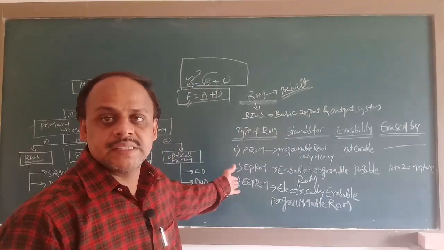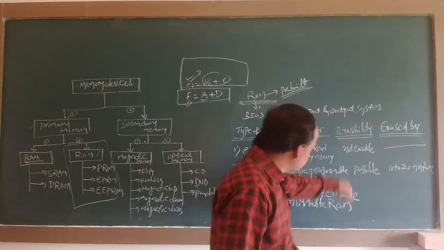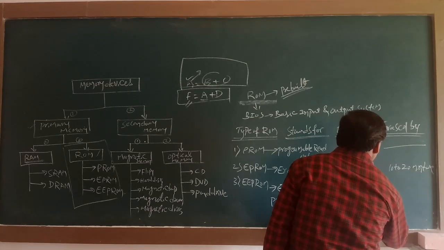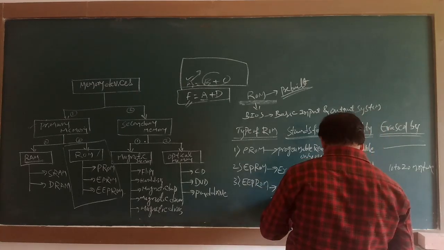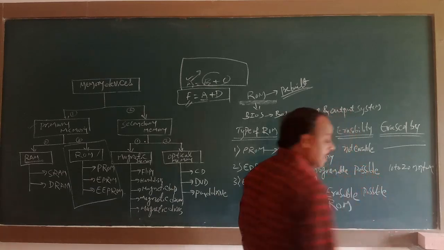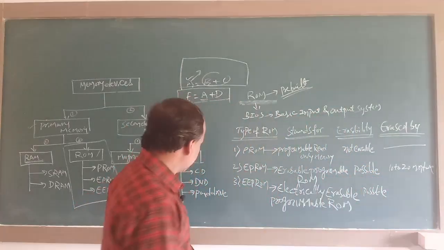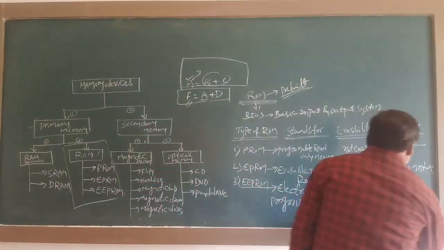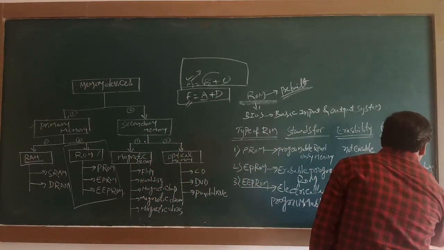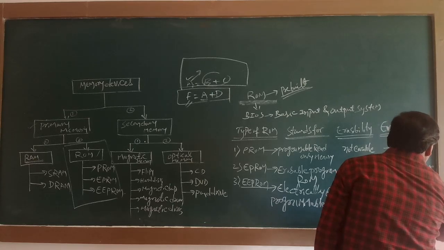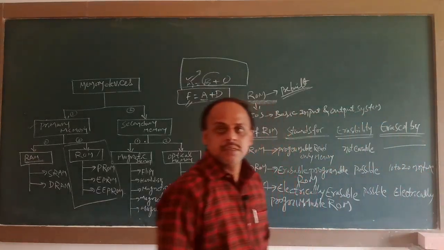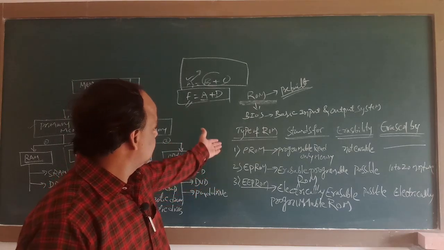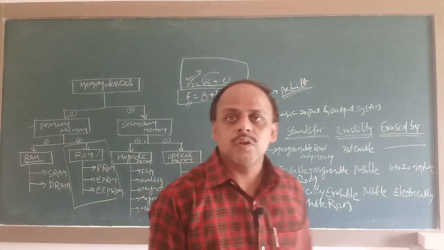The name itself tells whether it is erasable. Yes, possible, right? And how can this memory be erased? This EEPROM can be erased electrically. So like this we can differentiate these types of ROM.